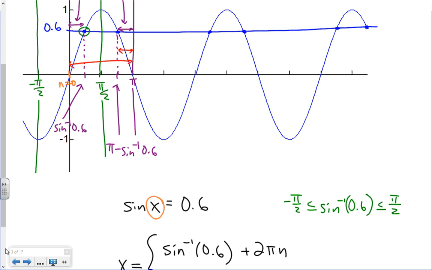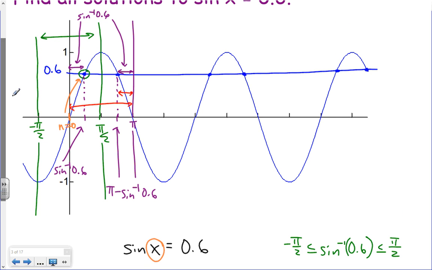So it looks like we're going forward from there to find that first solution. You're moving to the right. That's the sine inverse solution. And if you continue moving forward, you'll find the next solution is your pi minus sine inverse solution. Those are the two that we wrote down below, our sine inverse solution and our pi minus sine inverse solution.